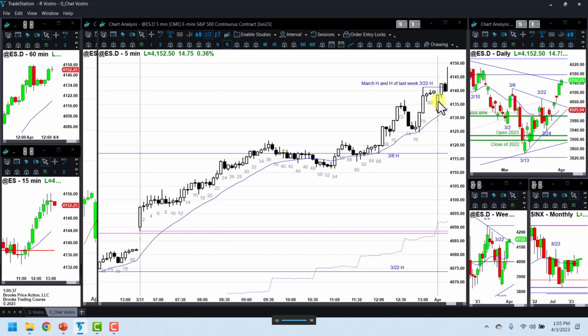On the open today, we had a bull bar closing near its high. When you have a buy climax day like Friday, there are a couple things that you should know. First is there's a 50% chance that you're going to get some follow through buying on the open, and bar one is consistent with that. But there's a 75% chance that by the end of the second hour, the market will go sideways to down for at least a couple of hours.